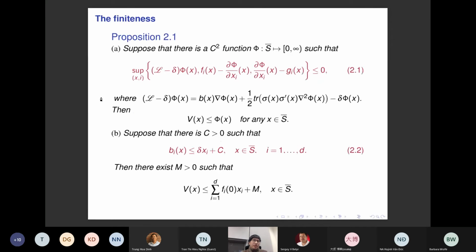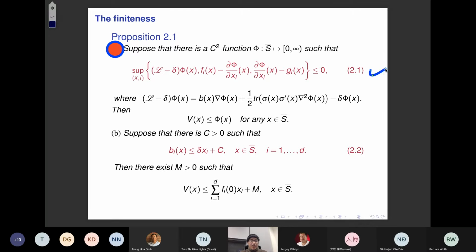Now we will introduce our main results together with some numerical experiments. The first result we want to establish is the finiteness of the value function. To do that, we establish part A of this proposition.